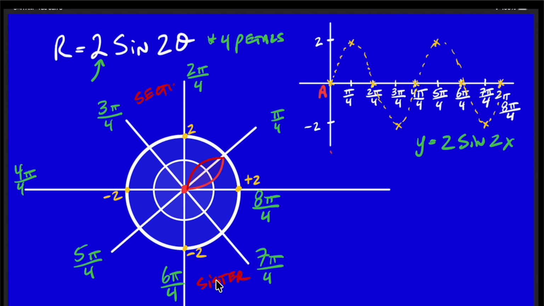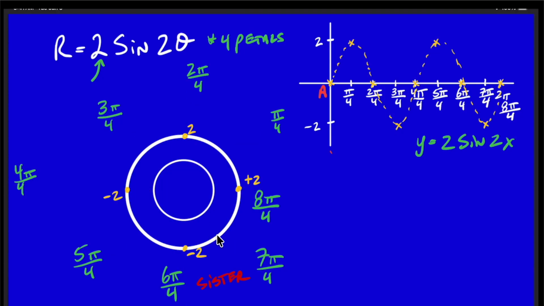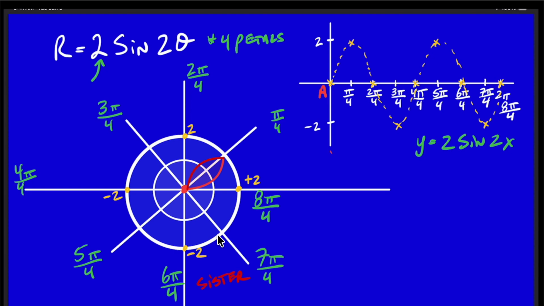All right, so let's go ahead and erase this, and let's see how we're going to draw our graph. So here we see from 2 pi over 4 to 3 pi over 4, the graph goes from 0 to a length of 2 in the opposite direction. So since we're here, in this section, we're going to go from a length of 0 to a length of 2. So we're going to have this right here.